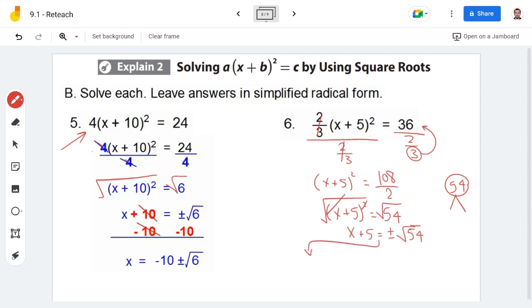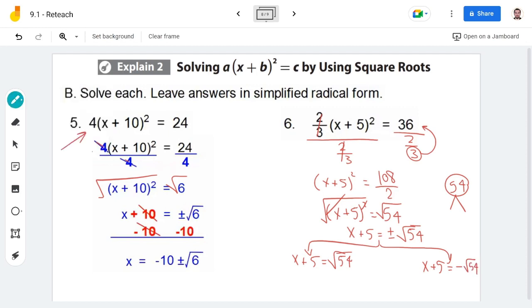Now, one is positive, one is negative. So x plus 5 equals square root of 54, and x plus 5 equals negative square root of 54.